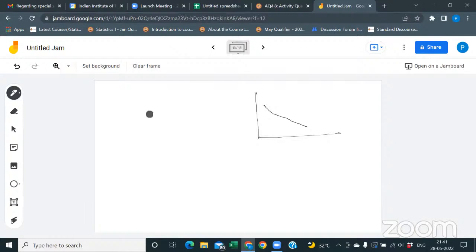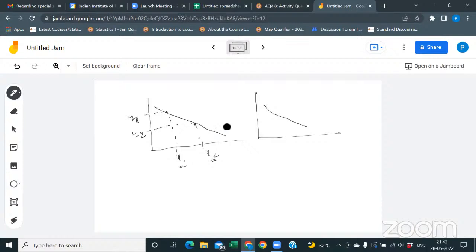Correlation is negative means, suppose x1 is here, x2 is here, y2 is here, y1 is here. Suppose x2 is greater than x1 and y1 is greater than y2. So y2 x2 will be here and y1 x1 will be here. If you merge the things, that means a negative slope.